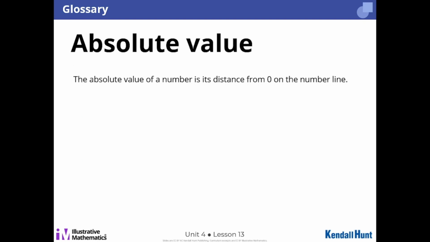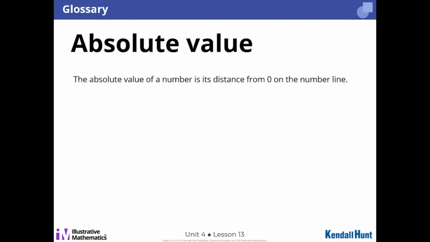Our first glossary term is absolute value. The absolute value of a number is its distance from 0 on the number line. So, this simply means we don't care whether it's below the 0 or above the 0.